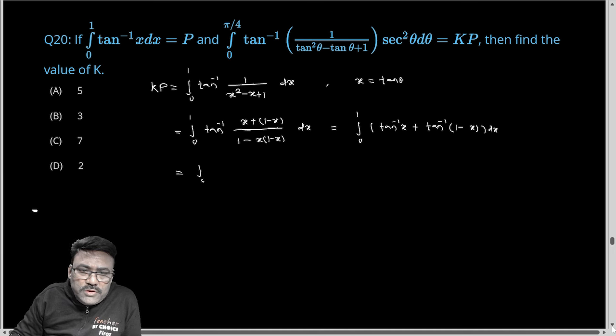So this is 0 to 1 tan inverse x dx plus 0 to 1 tan inverse 1 minus x dx.